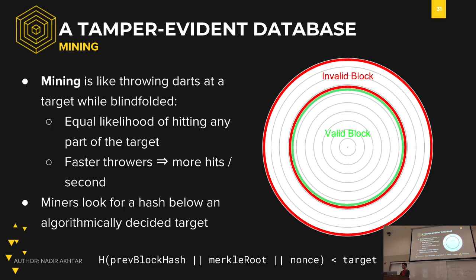So the target is like a number of attempts? Or not attempts. Our resulting hash needs to have a certain number of zeros in it. Does that make any sense? So let's say we already have a previous block hash and a Merkle root, so those are already decided.